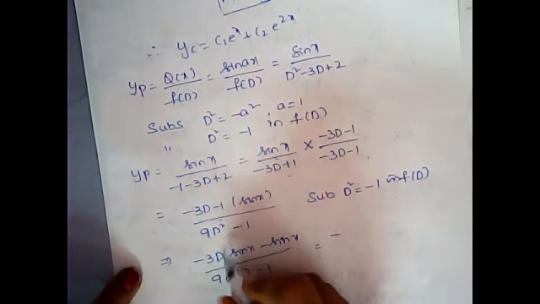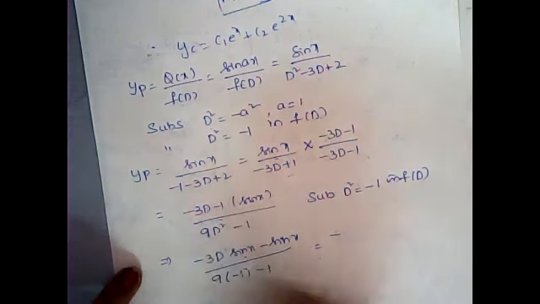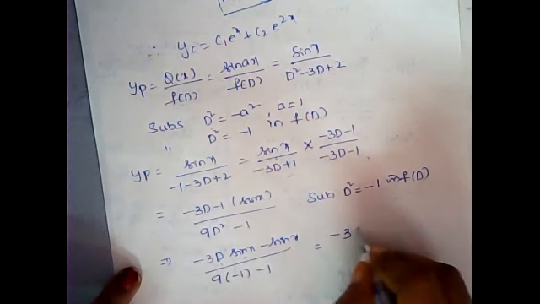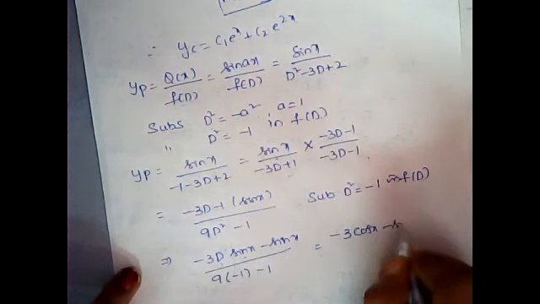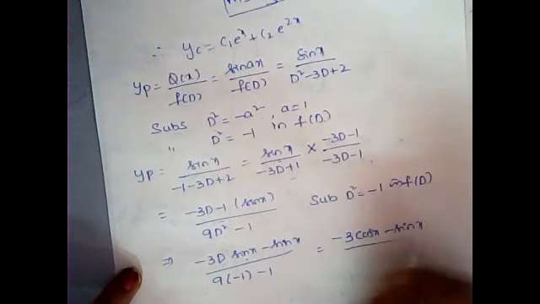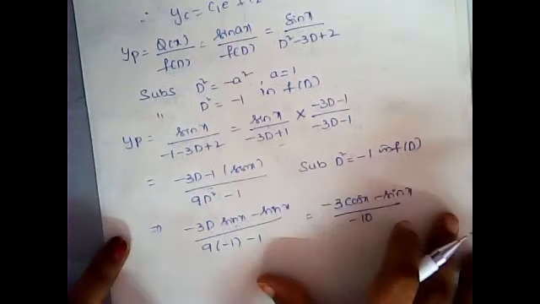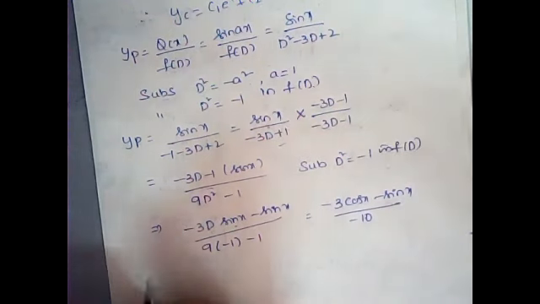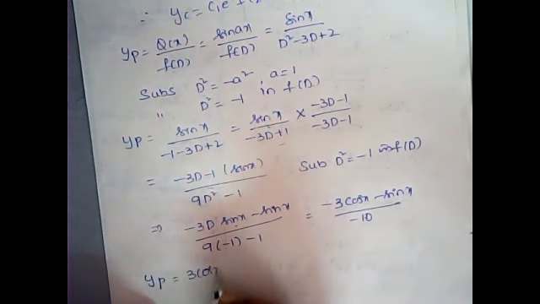D means nothing but d by dx, which means differentiation. What is the differentiation of sine x? Cos x. So minus 3 cos x minus sine x by minus 10. Taking minus as common and cancelling in numerator and denominator, we get the required yp as 3 cos x plus sine x by 10.